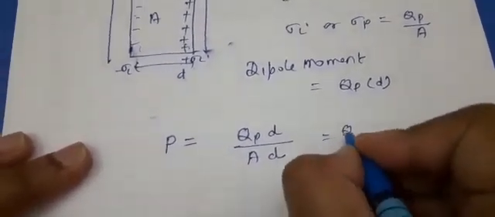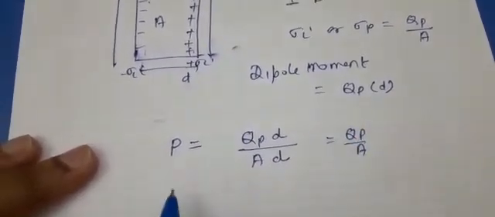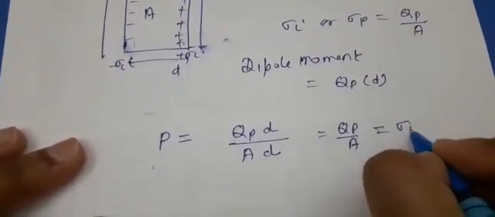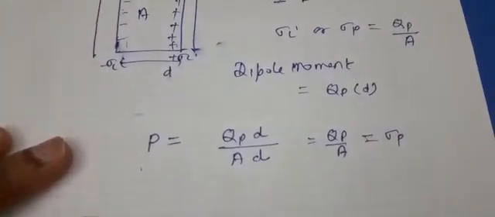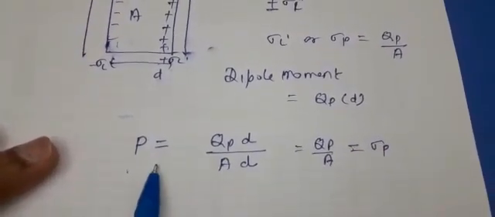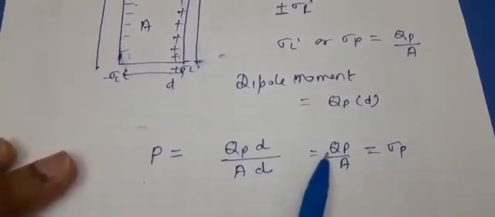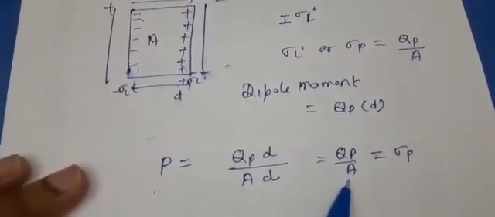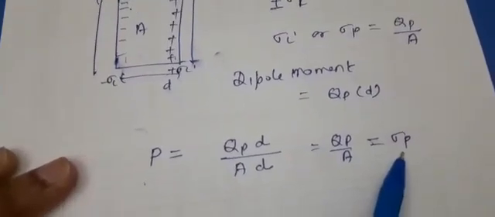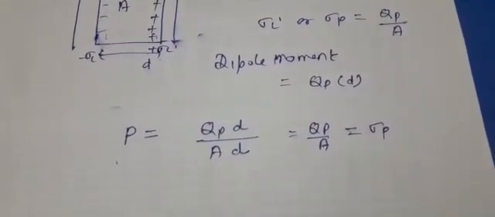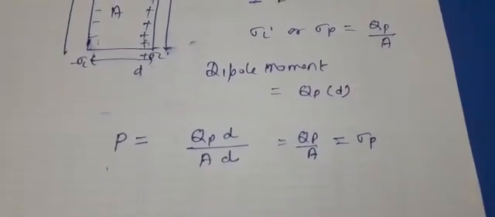So now what you are getting is Q_P upon A. You can see here that this polarization is equal to surface charge density. Therefore, polarization density is also defined as charge induced per unit surface area, or surface charge density. This is basically a mathematical result that will be used further.